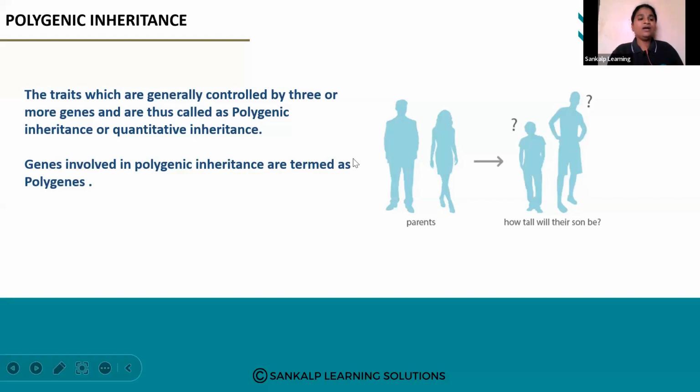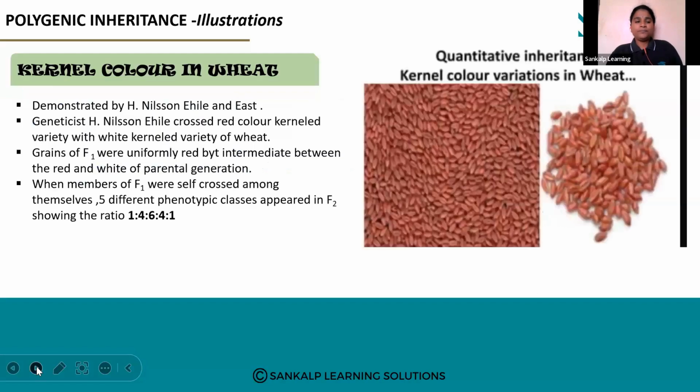As you can see, the traits which are generally controlled by 3 or more genes are thus called polygenic inheritance or quantitative inheritance. ಇದಕ್ಕೆ ಇನ್ನೊಂದು ಹೆಸರು quantitative inheritance ಅಂತ. Those 3 or more genes are considered as polygenes. So in polygenic inheritance, we have several illustrations.